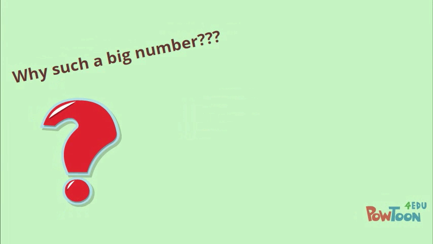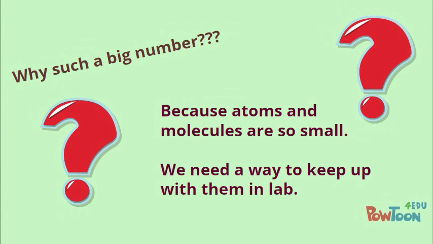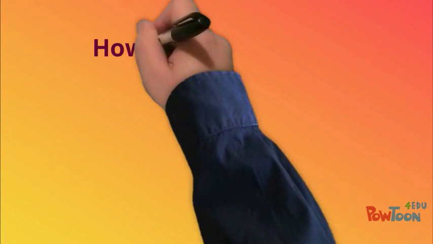So, why such a big number? Because atoms and molecules are so small. We need a unit to keep up with them in lab that takes into account the extremely small nature of atoms and molecules. So, how does this work?